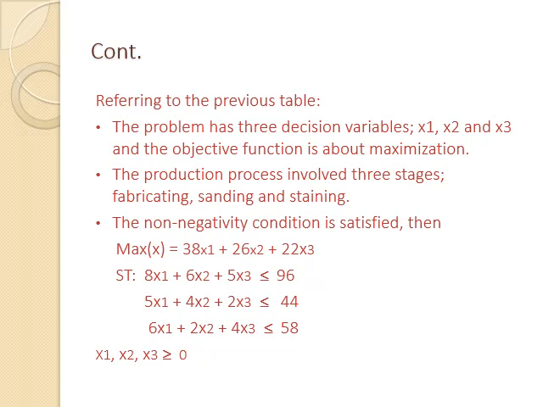If not to produce, that means the production equals 0. If it plans to produce, that means it must be more than 0. So the non-negativity condition is x1, x2, x3 more or equal 0. This is about how to formulate the linear programming problem.